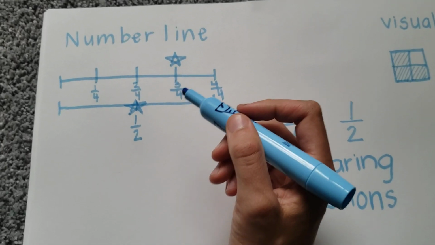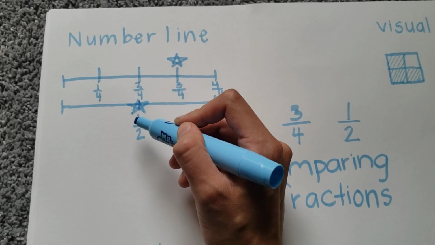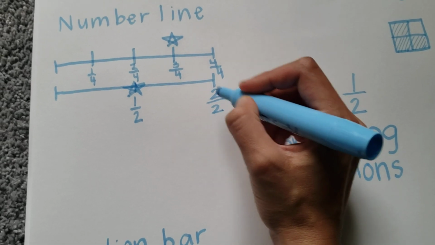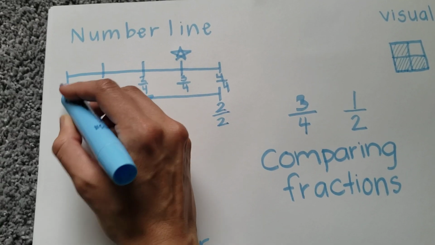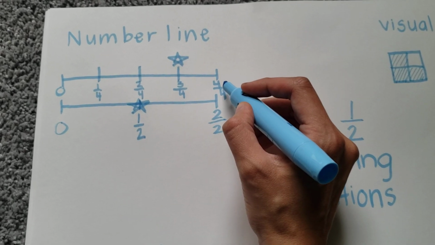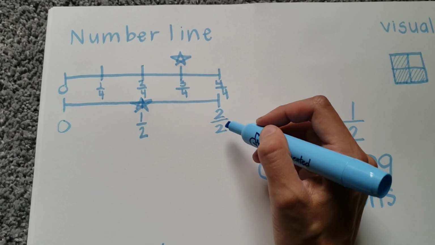From this line, I can see that 3/4 is right here, and 1/2 is right here. From the number lines, you can tell that 3/4 is closer to the whole than 1/2. This is 2/2 here, and these are zeros. 0, 1/4, 2/4, 3/4, 4/4, that's a whole. 0, 1/2, 2/2, that's a whole.